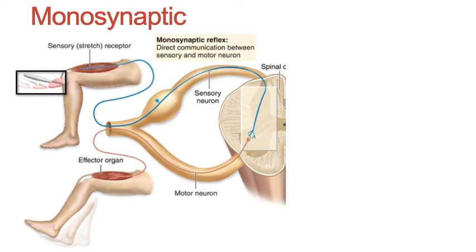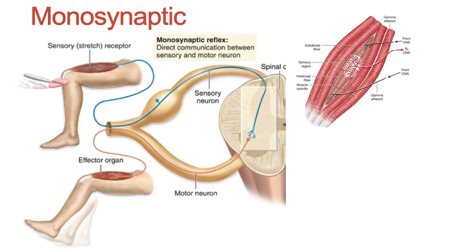Now, this stretch on the muscle is detected by a sensory region in the muscle itself, and in this image that's the white area in the muscle. Ultimately, this stretch detection activates the sensory neuron, and that synapses directly with the motor neuron in the spinal cord.